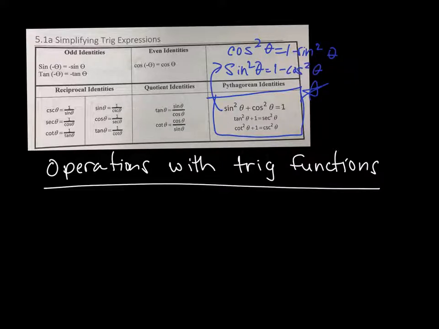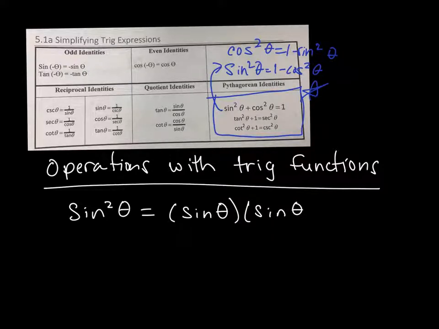All right, so before we start manipulating these and simplifying them, there's a couple of things that are really different from what we've used before. So let's first talk about what sine squared of theta is equal to. That is equal to sine of theta times sine of theta. Now, when I'm saying this, understand that this theta, whatever it is, must always be exactly the same.